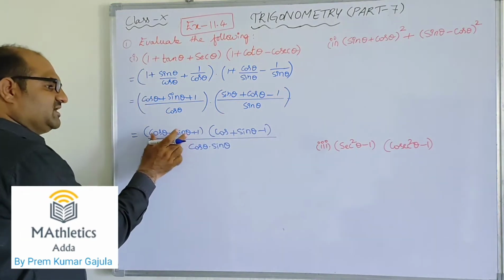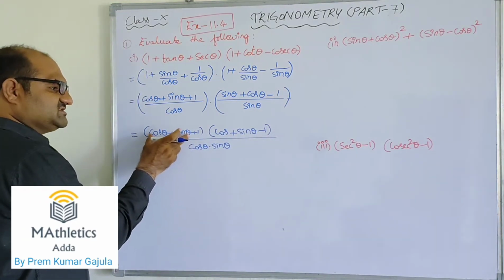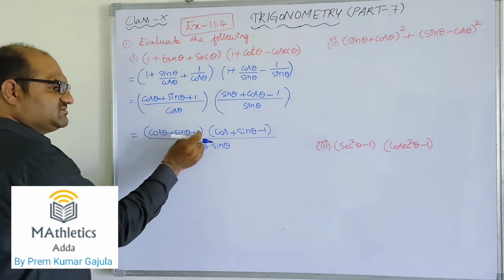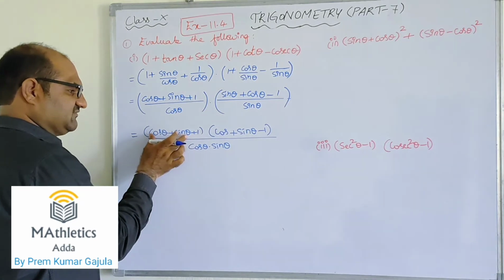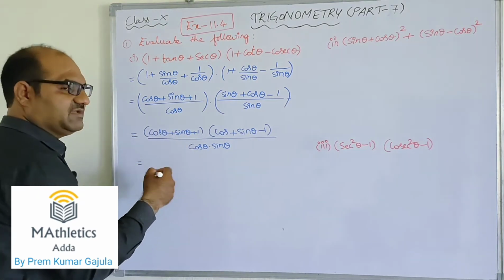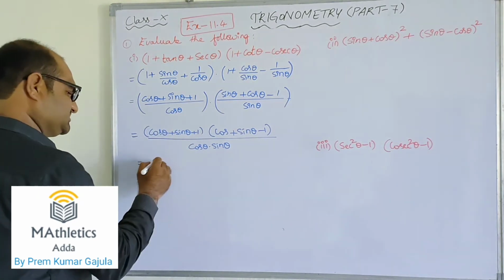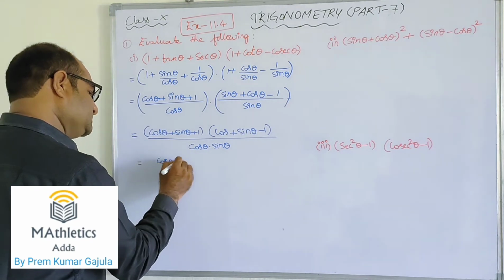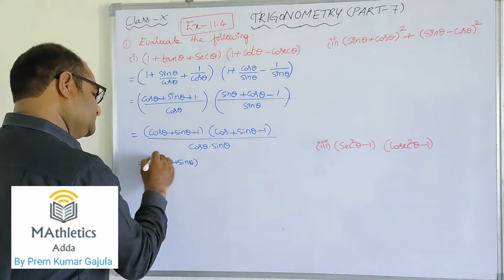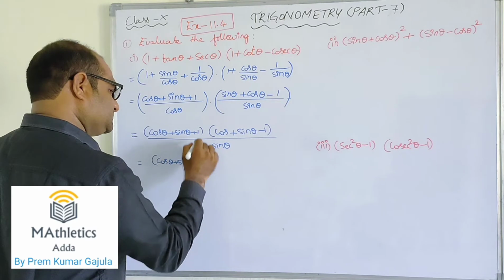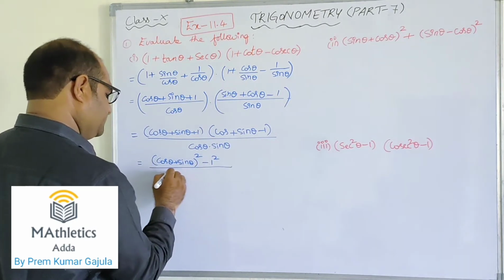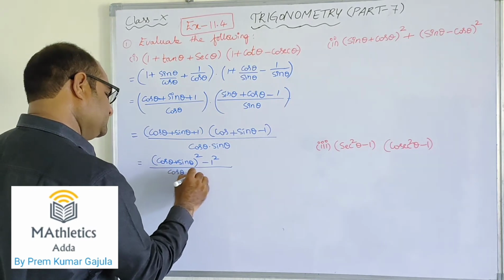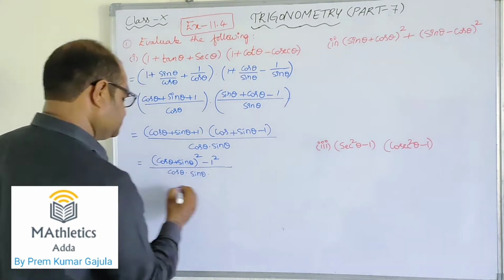If you observe the numerator, it is in the form of (a + b)(a − b), so in the place of a, cos θ plus sin θ is there. We know that (a + b)(a − b) is equal to a² − b². So (cos θ + sin θ)², that is a², minus, in the place of b what we have, 1. So that is 1² by cos θ sin θ.